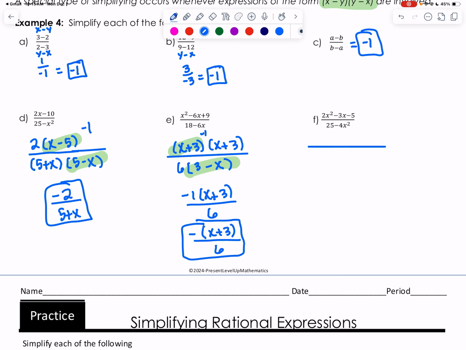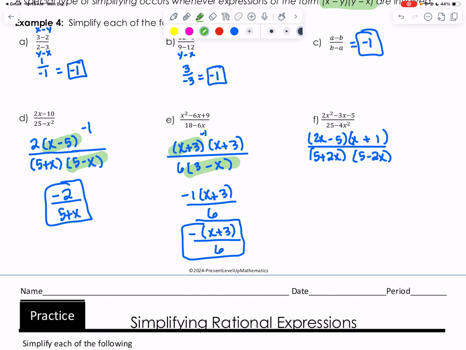When I factored the numerator, I used 2x times x for 2x squared. And then I used 5 and 1 for the 5, and I made the 5 negative and the 1 positive. For the bottom, I factored it to 5 plus 2x and 5 minus 2x.